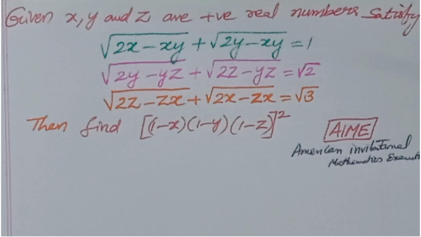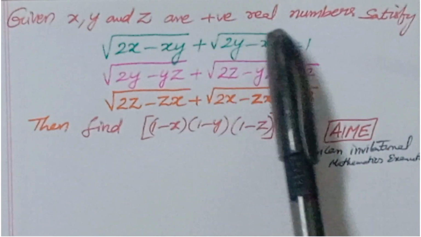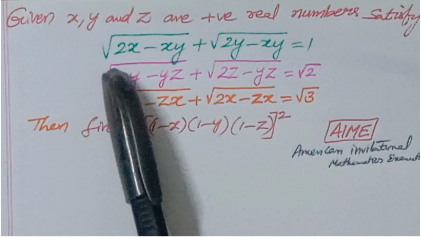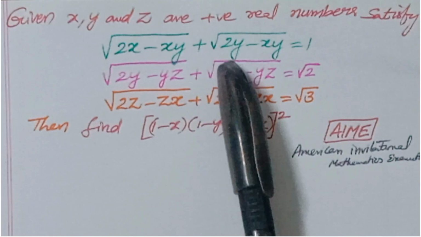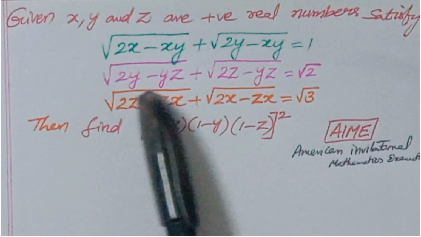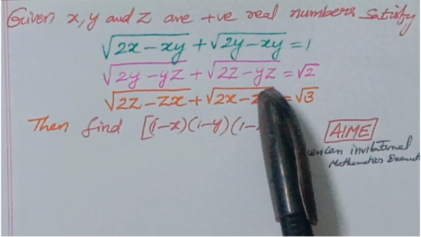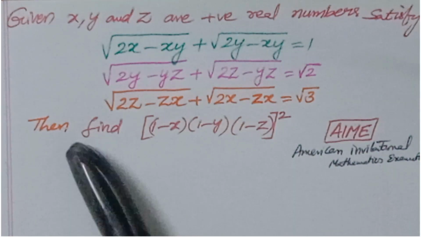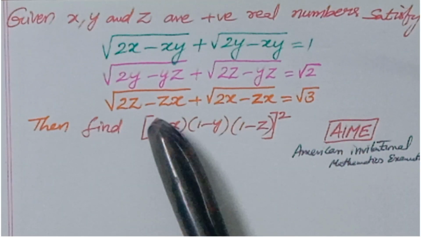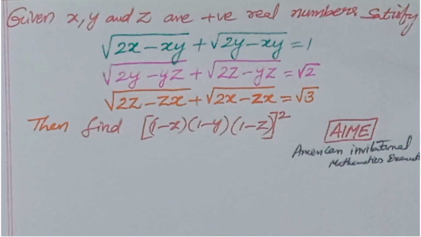We will be looking at the American Invitational Mathematics Examination of 2022. Given x, y, z are positive real numbers satisfying: square root of 2x minus xy plus square root of 2y minus xy is equal to 1; square root of 2y minus yz plus square root of 2z minus yz is equal to root 2; square root of 2z minus zx plus square root of 2x minus zx is equal to root 3.